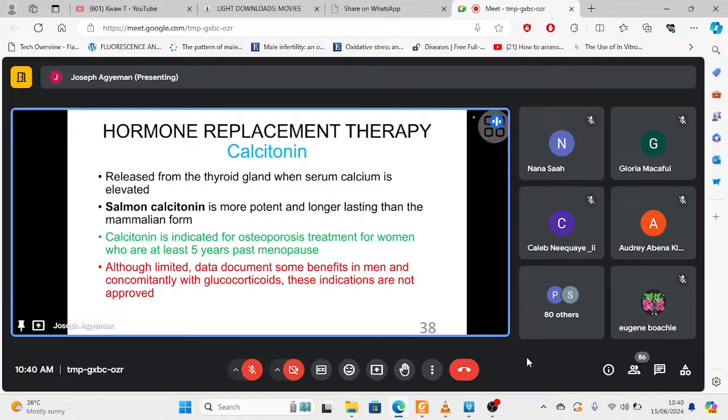Though we have limited data when it comes to the benefit of this agent in men, we don't have enough data on it. And also osteoporosis that is caused by glucocorticoids. Because of this, it is not yet approved, but it has the potential to do that. There is limited information on it, and therefore it is not approved.